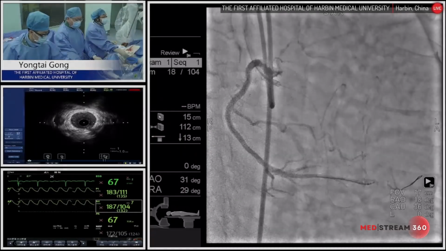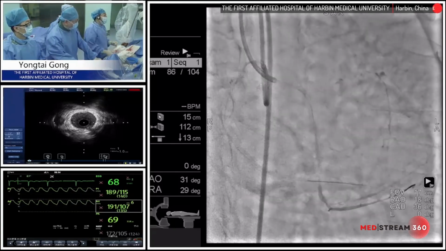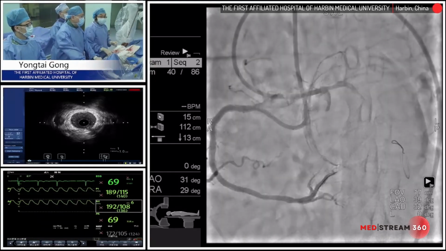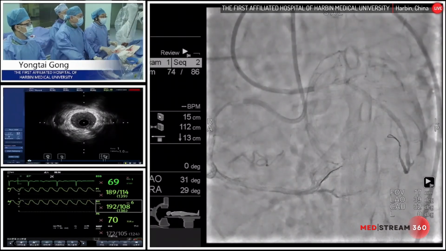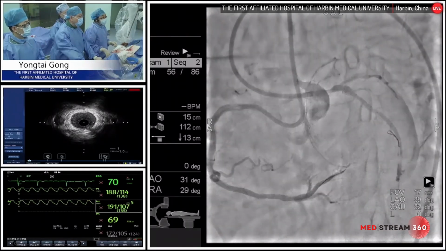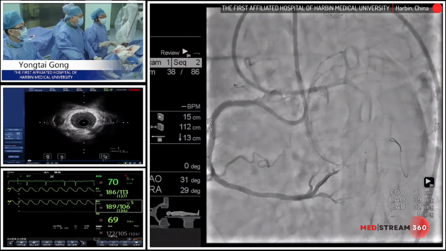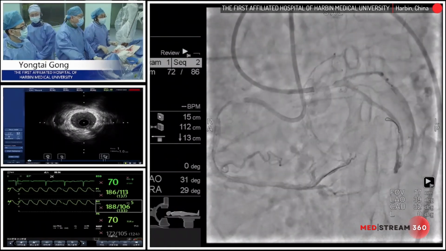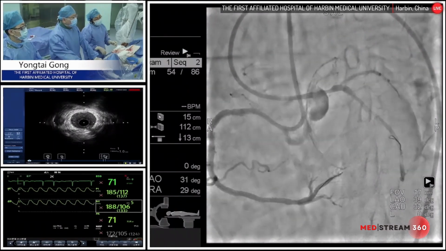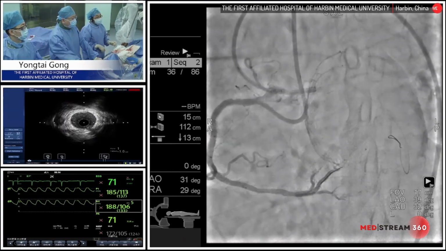This lesion is very complex because of the ostial LAD CTO lesion, and we cannot confirm the proximal cap location. For this case, I think we should try the retrograde approach first, and then the antegrade approach.